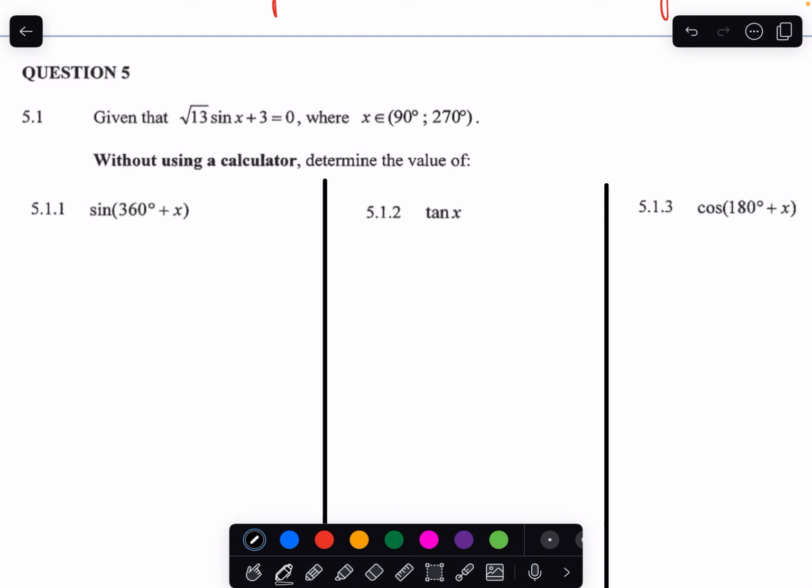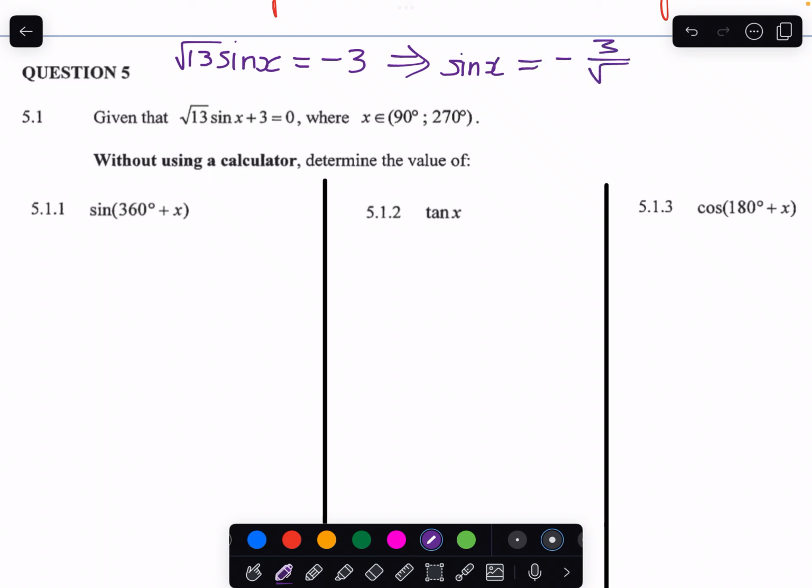So we are going to rearrange this equation we've been given. So this is the same as root 13 sine x is equal to minus 3, which tells us that sine x is equal to negative 3 divided by root 13.